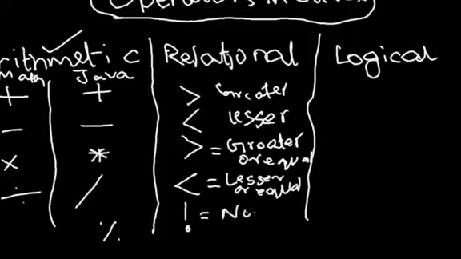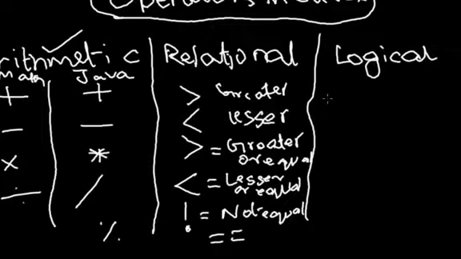Okay, so that's that. And there is one more, which is double equal to, which I will explain right after I finish explaining logical operators.